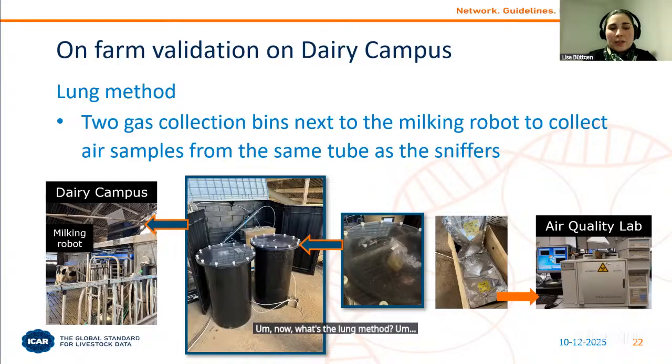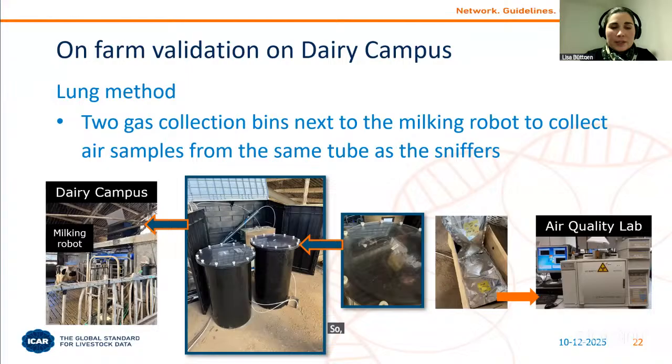The aim of the lung method is basically to provide the sniffers the same air sample as which will be collected in bags to later analyze it in the air quality lab.